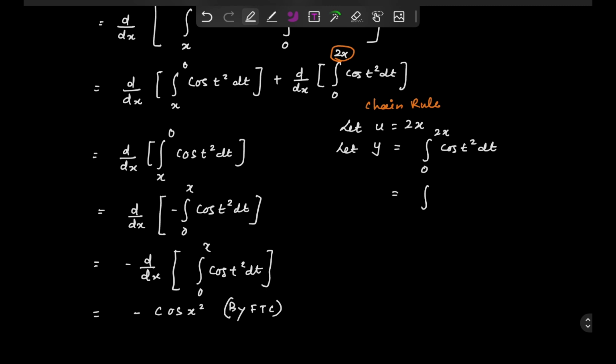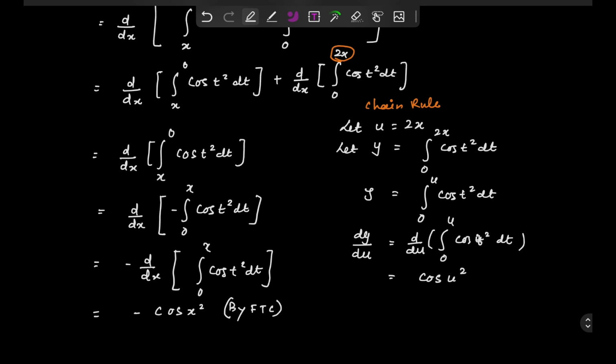So we can write the integral from 0 to u of cos t square dt. If I want to find dy by du, it will be how much? By the fundamental theorem, cos of u square. So by FTC.